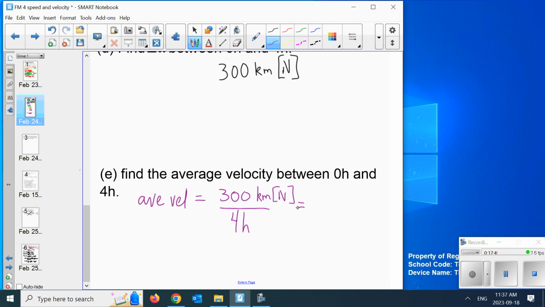That's 75. Add it in, it's pretty easy. You don't even have to say find E. Just put average velocity.